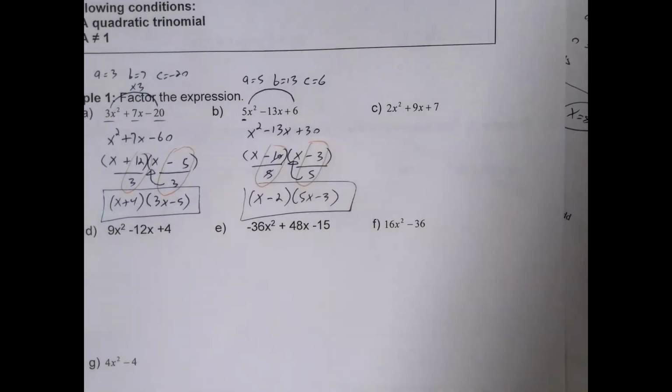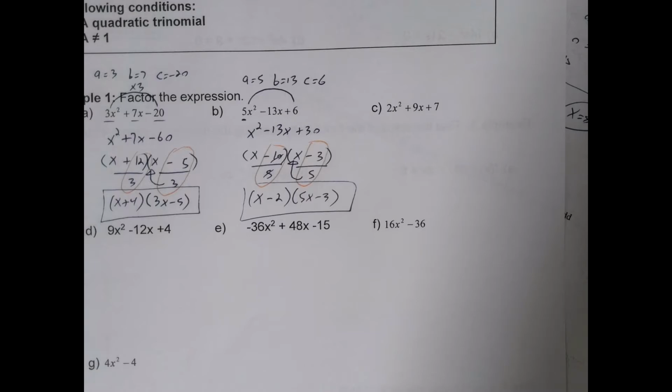We're going to FOIL it in our heads. Okay? First terms. Outer terms. Plus your inner terms. Produces a what? There you go. And then what's your last term multiplied to? 6. Plus 6. That's how you know it's right.